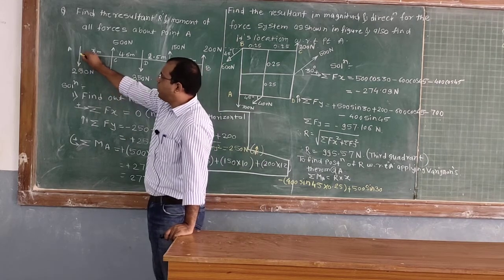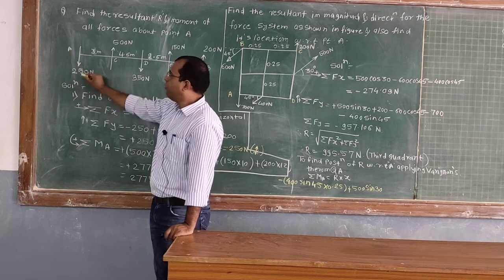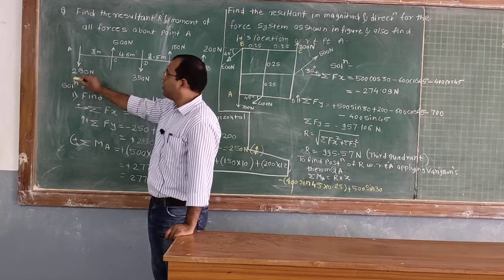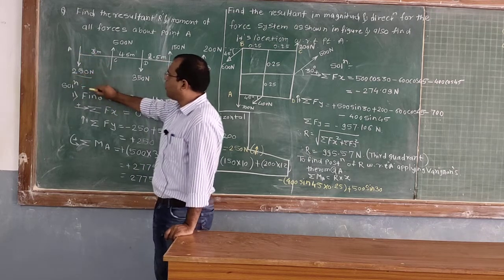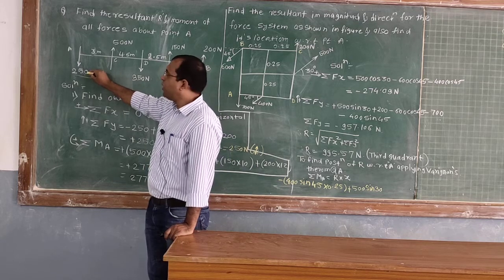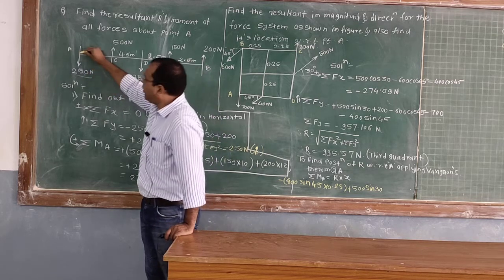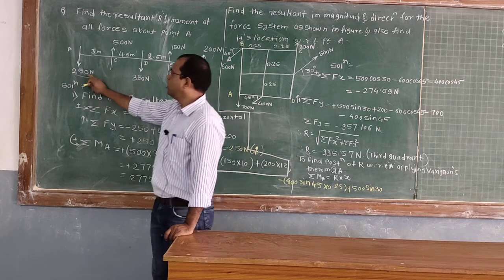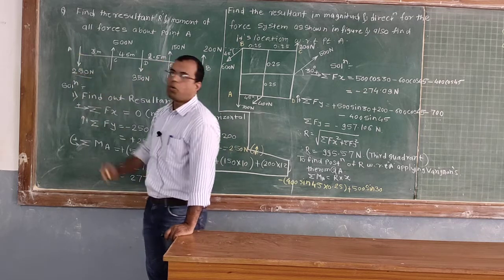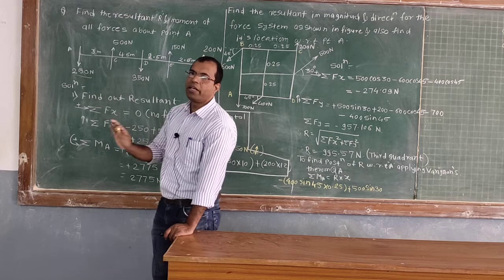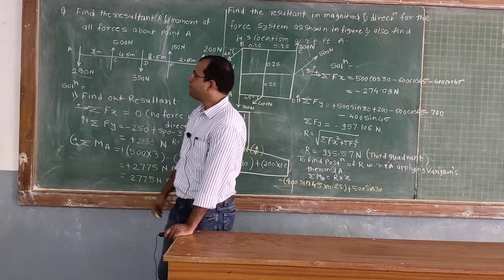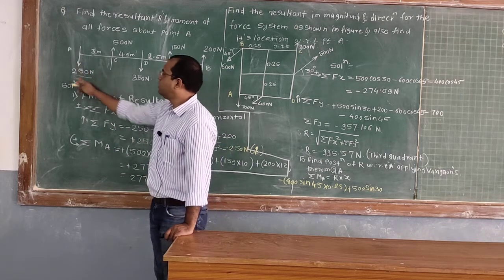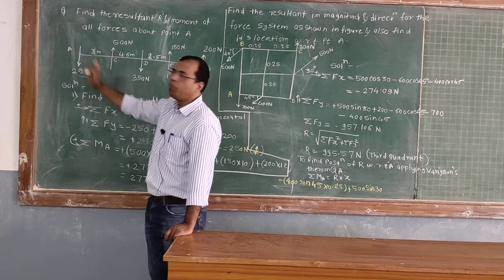First force, 250 Newton. What is the moment? Force into perpendicular distance. Here the force is 250 Newton and the perpendicular distance of this force from point A is 0, as this force is itself passing through point A, so it will not create any moment. Therefore we don't have to consider this force.